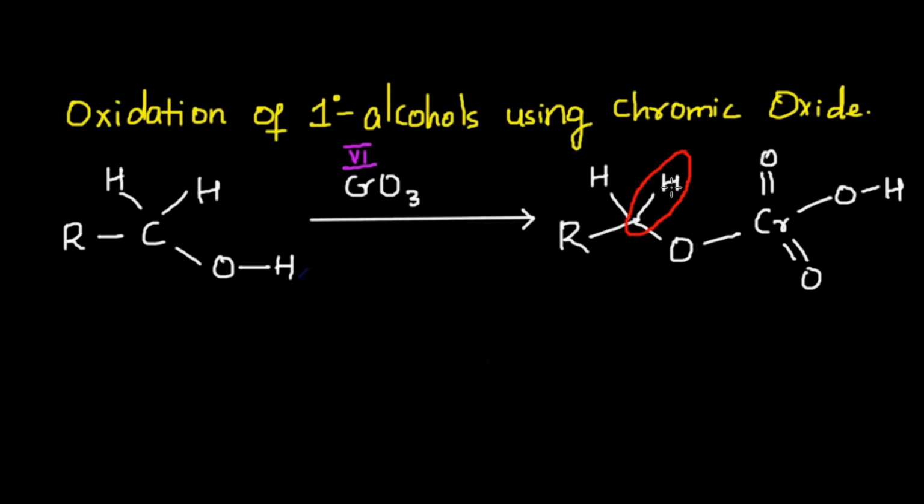So this is going to abstract this proton, this bond will fall back, and this pair of electrons will fall back on chromium.